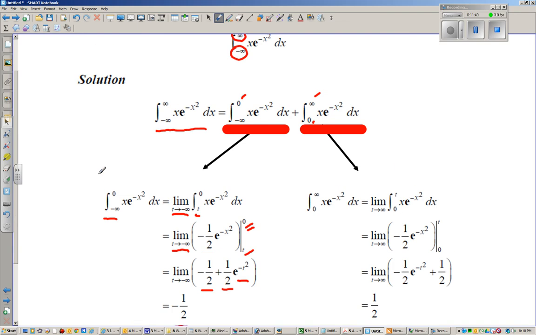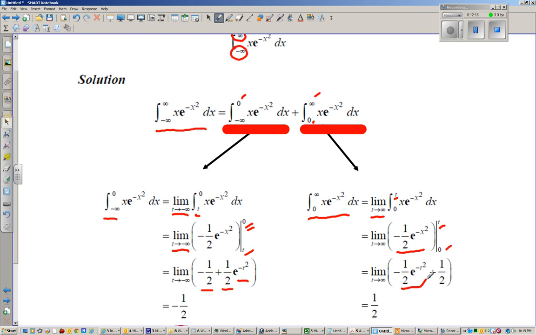That second integral, again writing it out as a limit, letting t go to infinity, replacing that upper limit with t, doing the substitution, u equals negative x squared, solving the integral, evaluating now with t and 0, letting that upper limit go to negative t squared, where t is going to infinity.